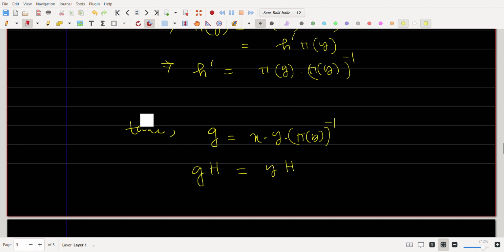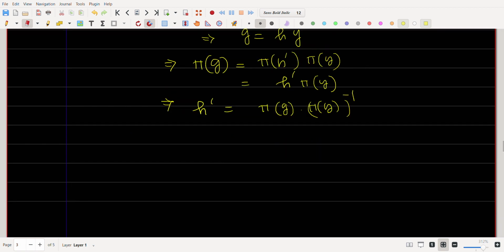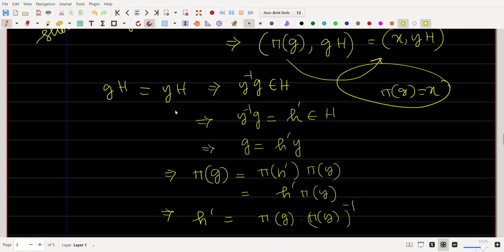Here it is. So see, there is some confusion of notation. Let's check it again. If small gH equal to yH, that means y inverse g belongs to H.